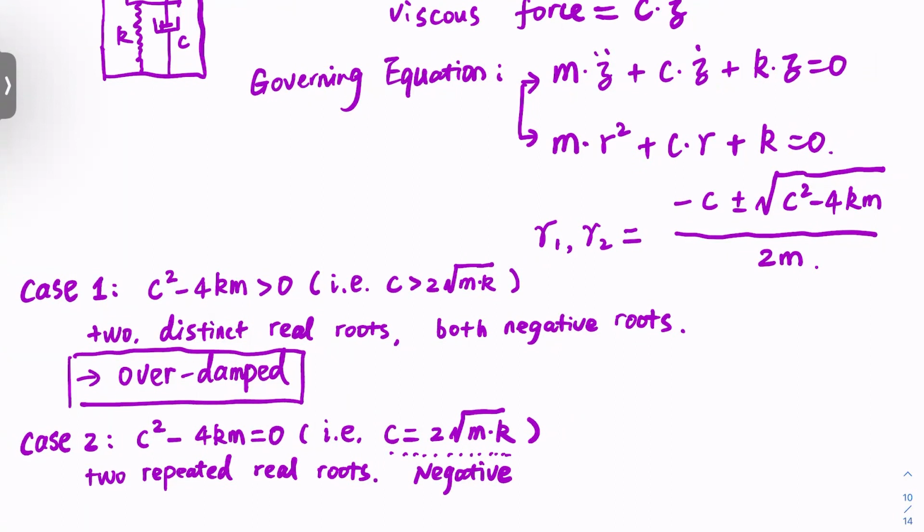Because that square root is 0, so you have a negative c over 2m. That's a negative. Okay, and we call this critically damped.